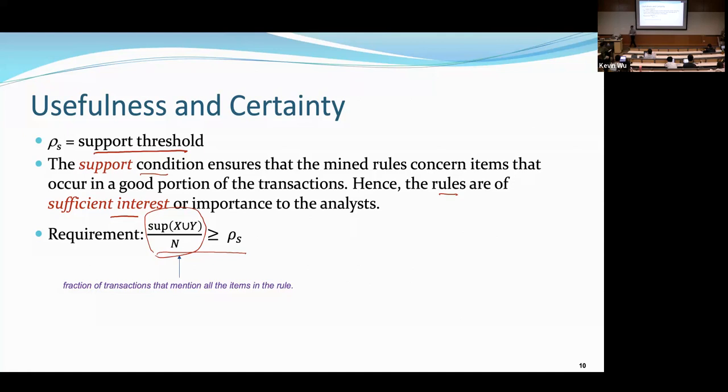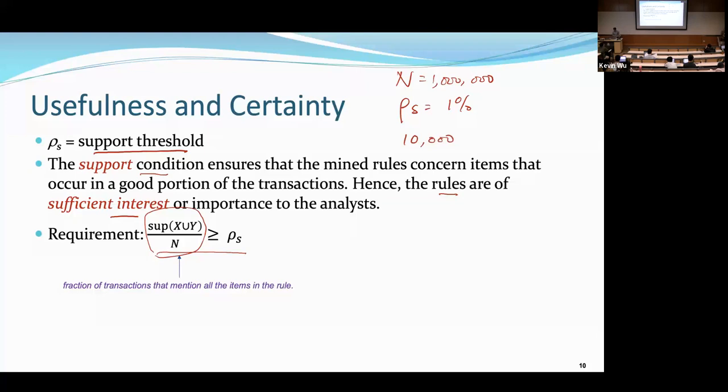So for example, if in your data set there are 1 million transactions, and suppose you set rho S, the support threshold, to be, let's say, 1%, that means that any rule that satisfies the support requirement has to have a support count of at least 10,000.